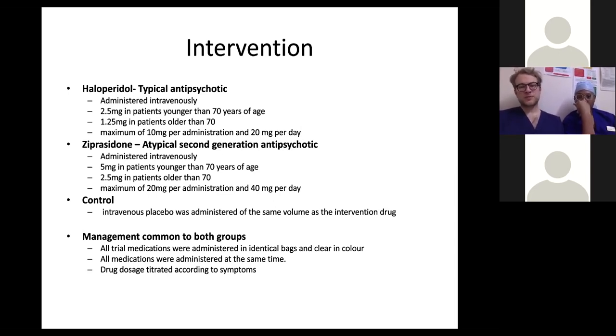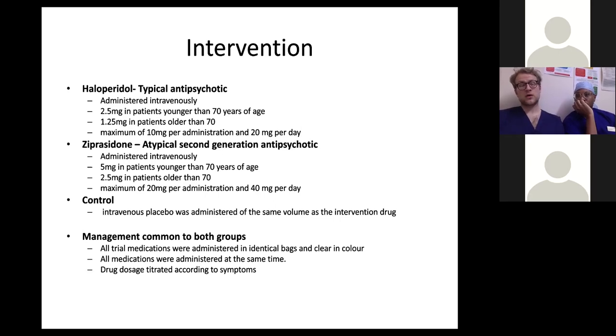And then management common to all groups, as just mentioned: identical bags, clear in colour, administered at the same time. So that was twice daily, which I'll come on to the relevance of in a minute. And the drug dosage was titrated according to symptoms.